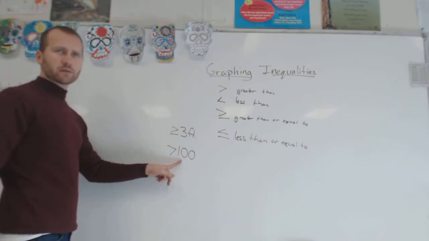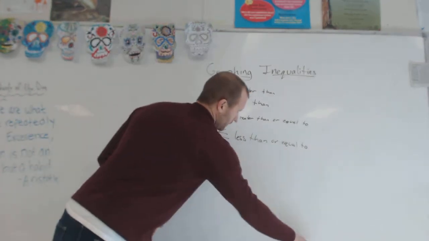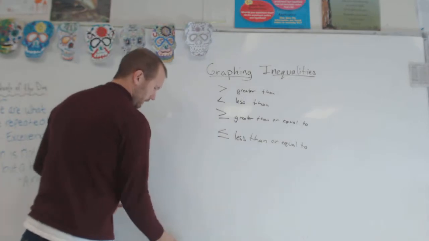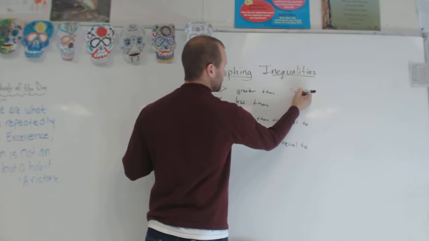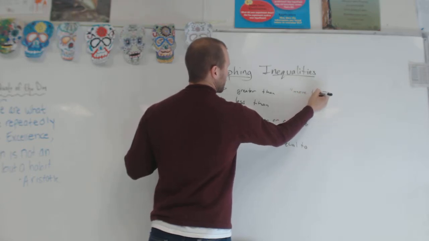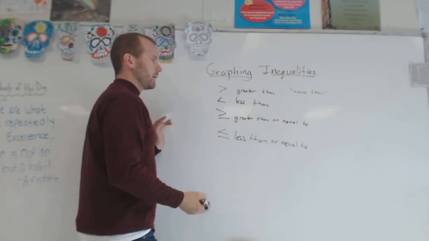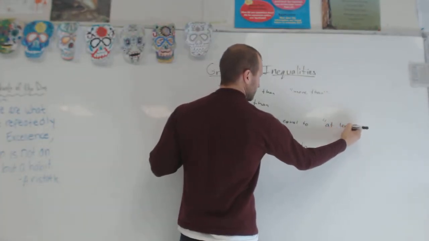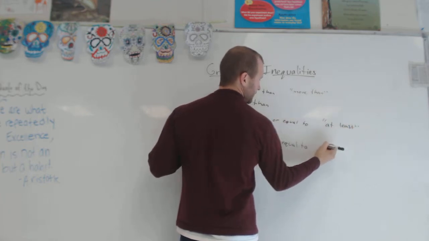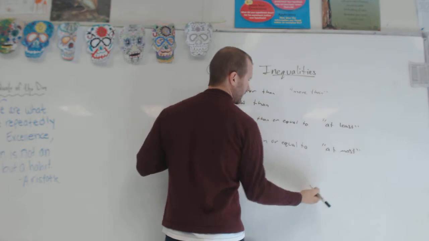You can't have 100. You have to have more than that. So these have different meanings. This one is kind of like more than. This one is kind of like at least. And this one is kind of like at most.